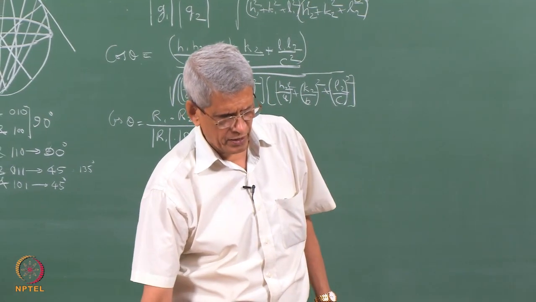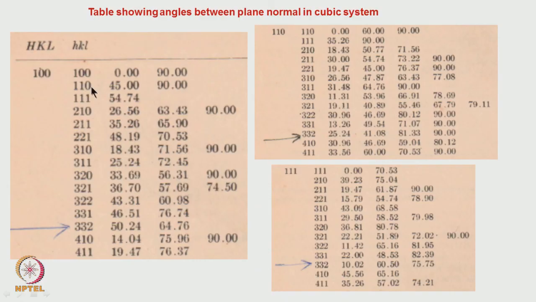In fact, the information regarding these three, with respect to the 0 0 1 plane to the other 0 0 1 type of plane, 1 1 0 type of plane and 1 1 1 type of plane, is sufficient.